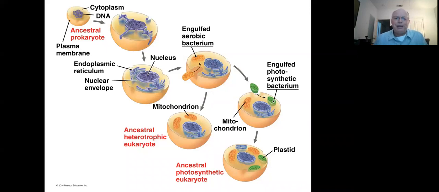Hopefully you learnt that back in Bio 1. And so to try and understand where the cytoskeleton came from, which is something distinctly different from the bacterial flagellum, has been problematic.